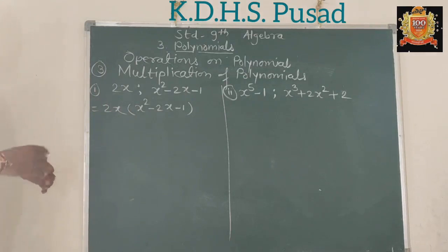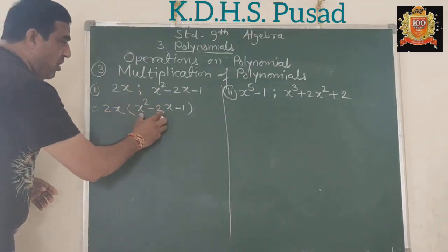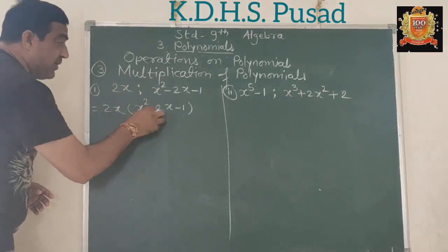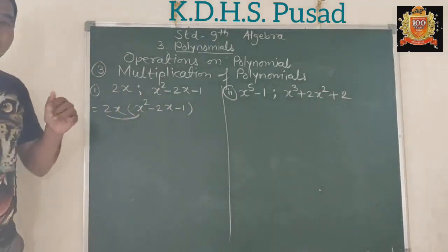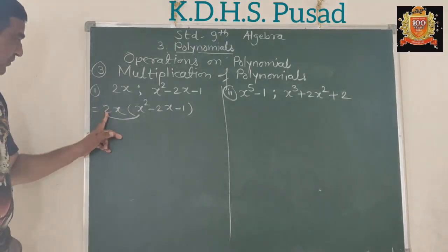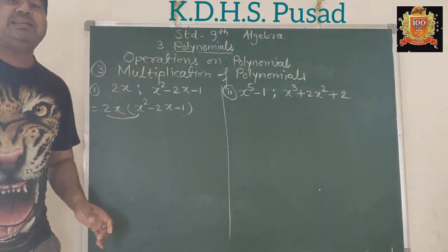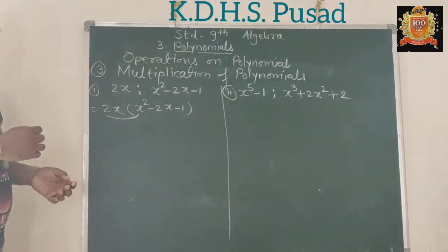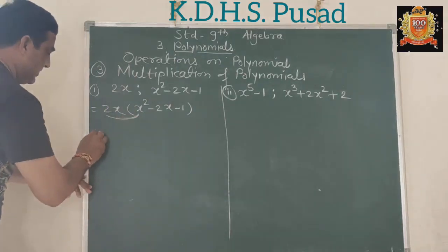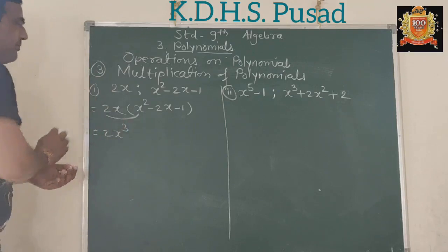Okay, now while performing this multiplication, you have to multiply all these three terms by this one by one. So first of all, multiply these two. While multiplying, multiply coefficient with coefficient, and this by using laws of indices. So here 2 into 1, that is 2, and x into x square, x cube.